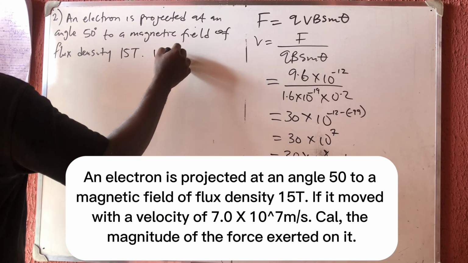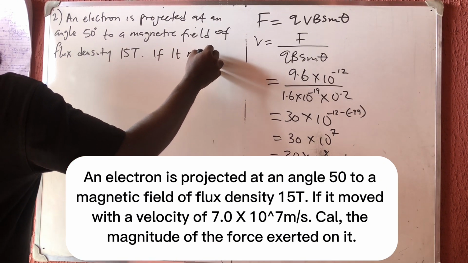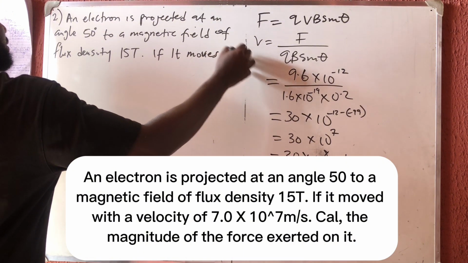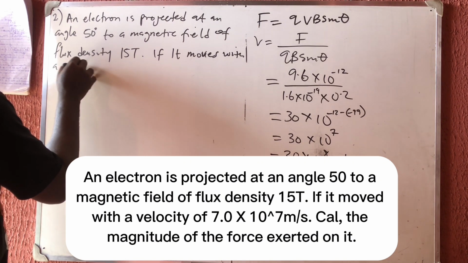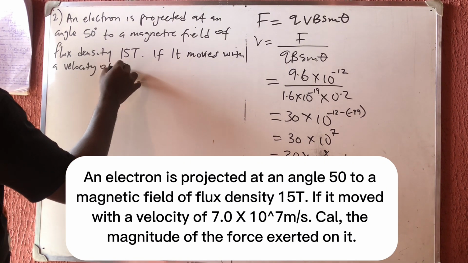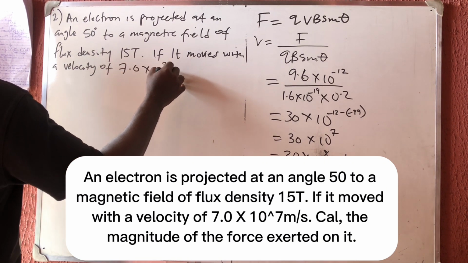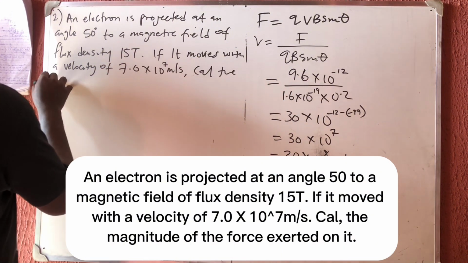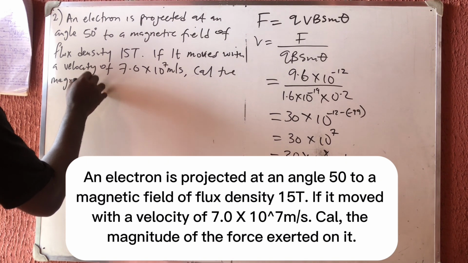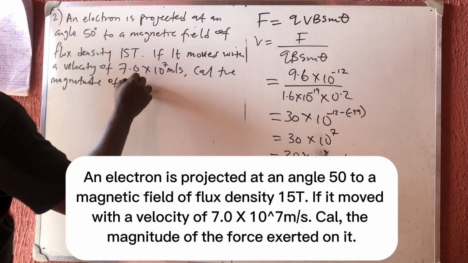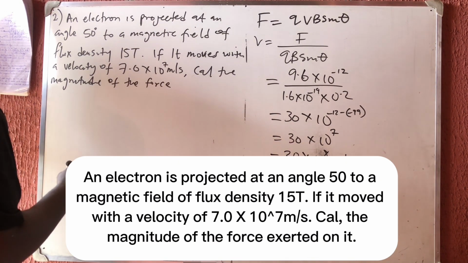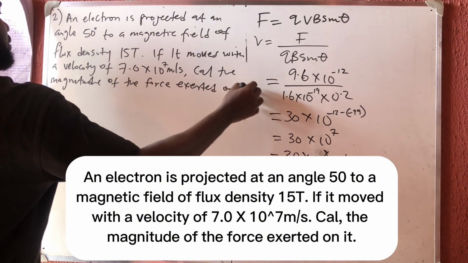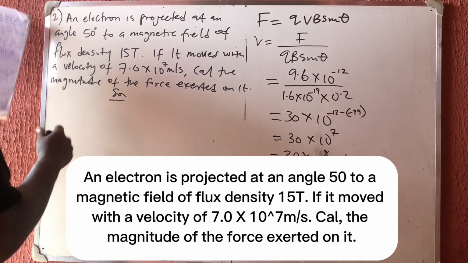Then I say if it moves with a velocity of 7.0 times 10 raised to power 7 meter per second, calculate the magnitude of the force exerted on it. Okay, solution. This is very, very simple.